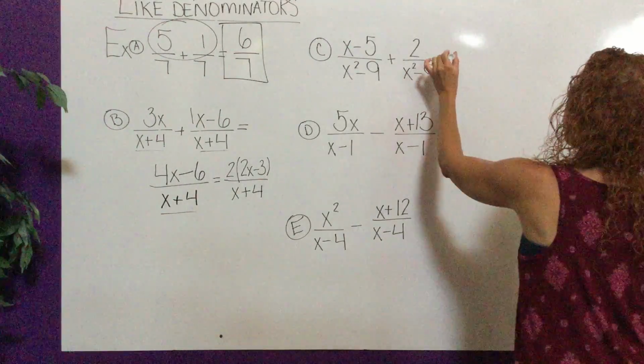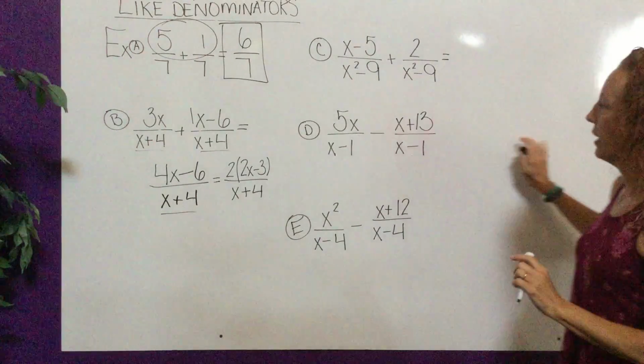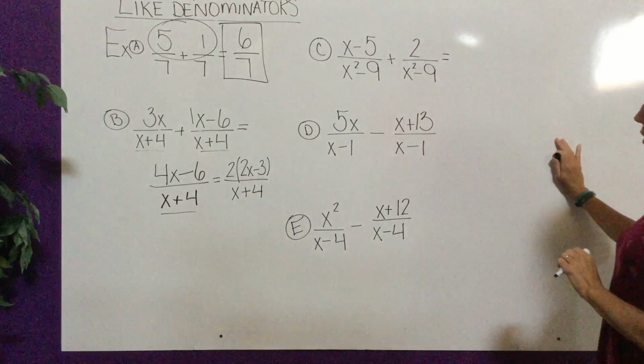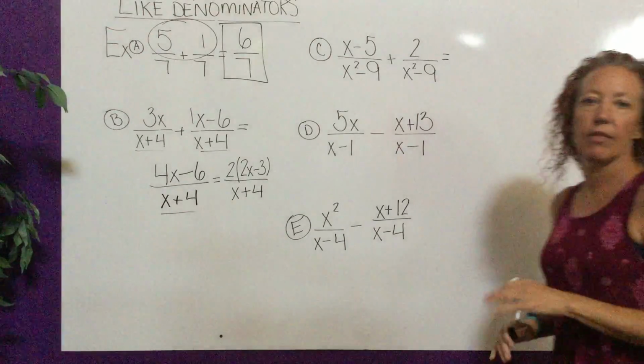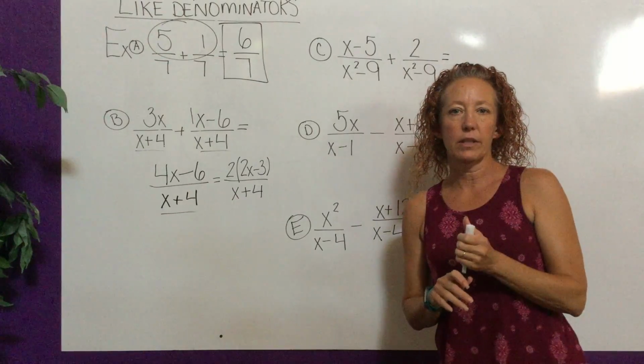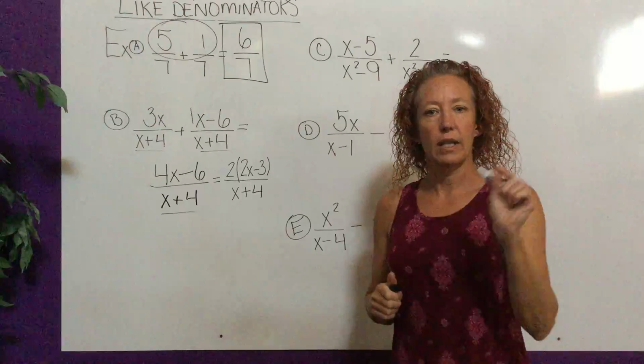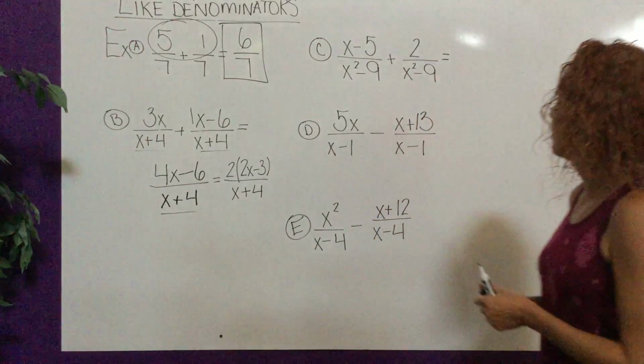Moving on. Let's look at C. Now we have something even more complicated in our denominator. So when we see something like that, think factoring. Once again, we need to always reduce our fractions. And the way we reduce our fractions is to cancel out any common factors.